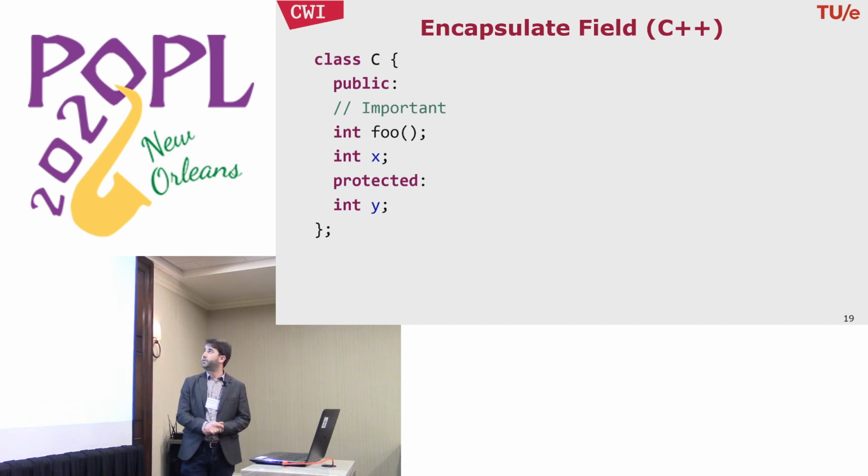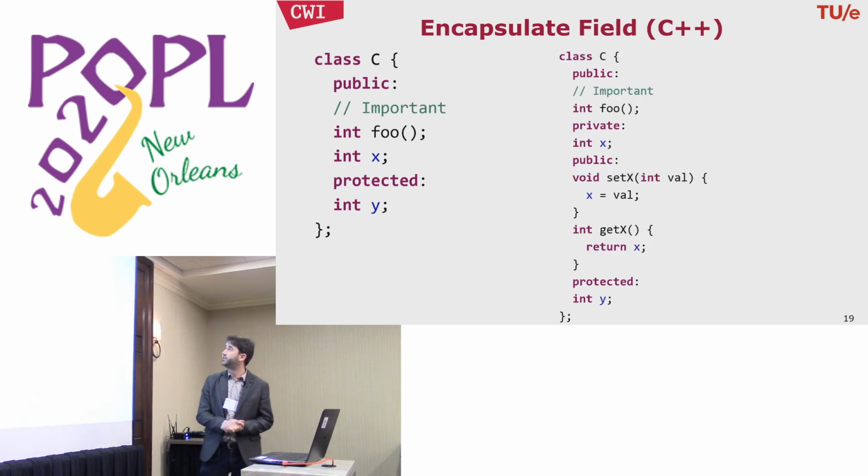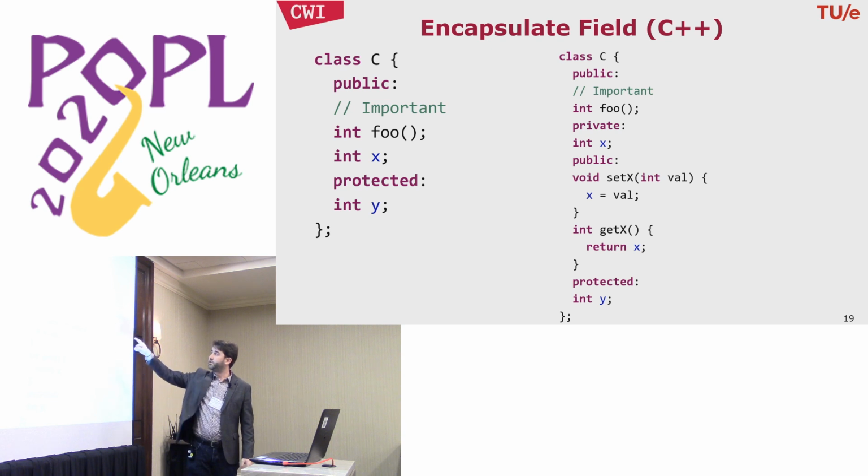And the intention of this refactoring is that we will obtain something that looks like this. This important comment is preserved here, as is the function declaration, but this part here is new. Visibility is set to private. Then we declare the variable x private, and then we add a public setter and a getter function for this variable.